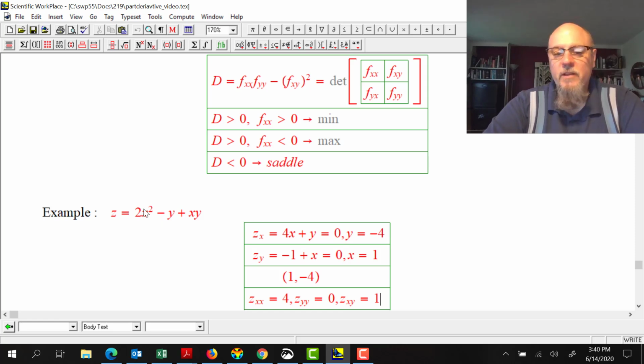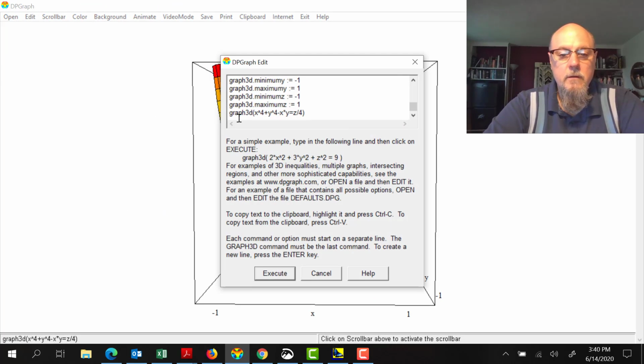Let's draw this, or let's see what this looks like. 2x squared minus y plus xy. Because we can just modify what we have here.